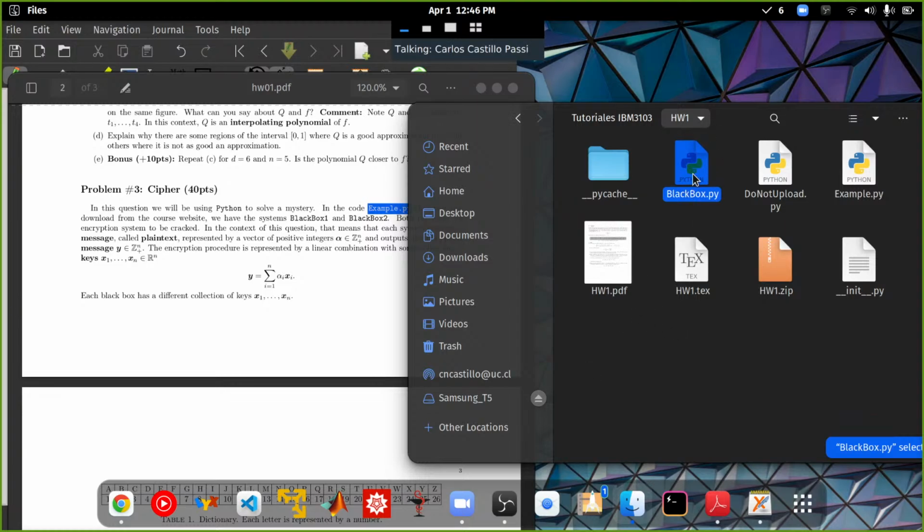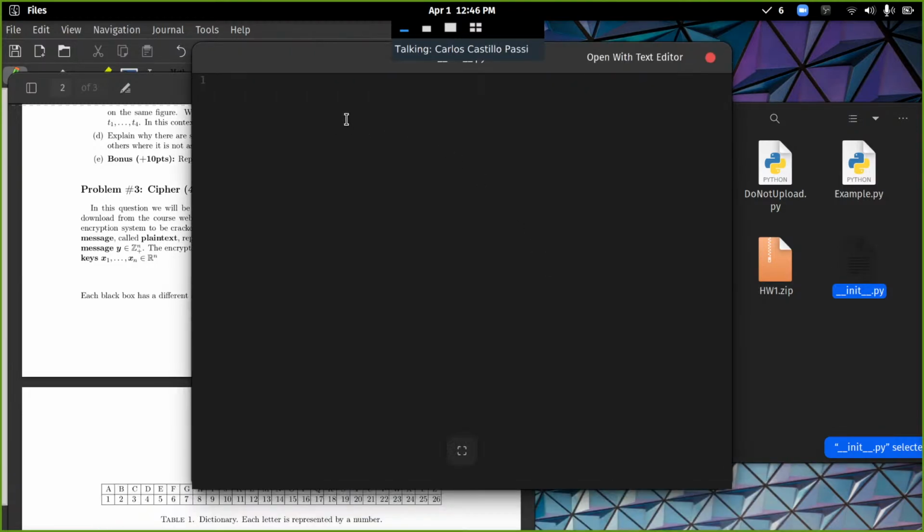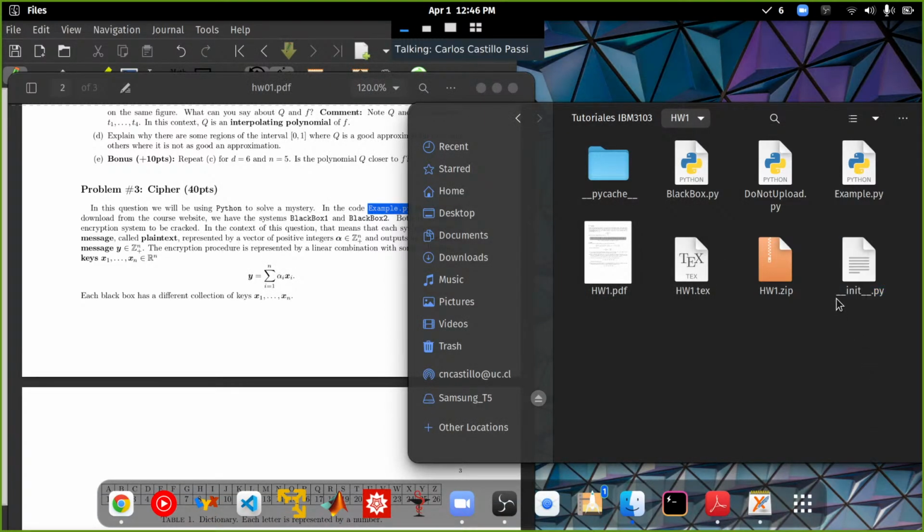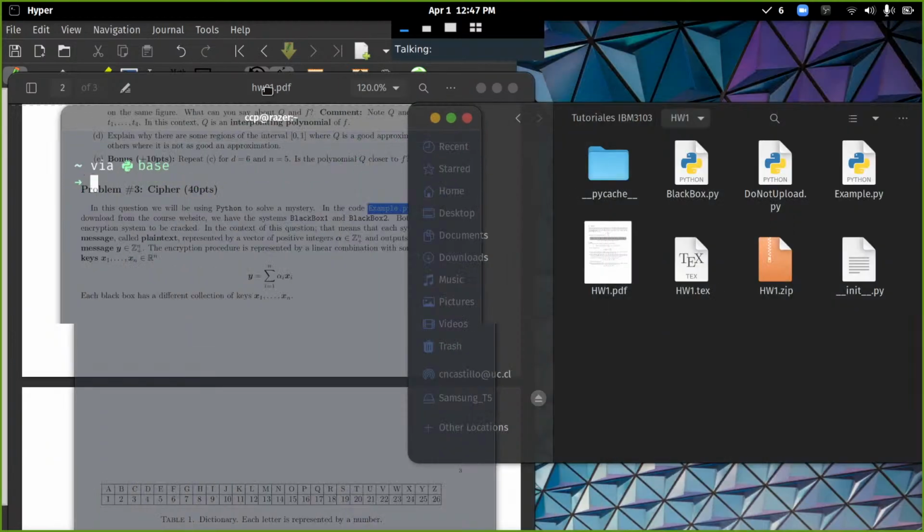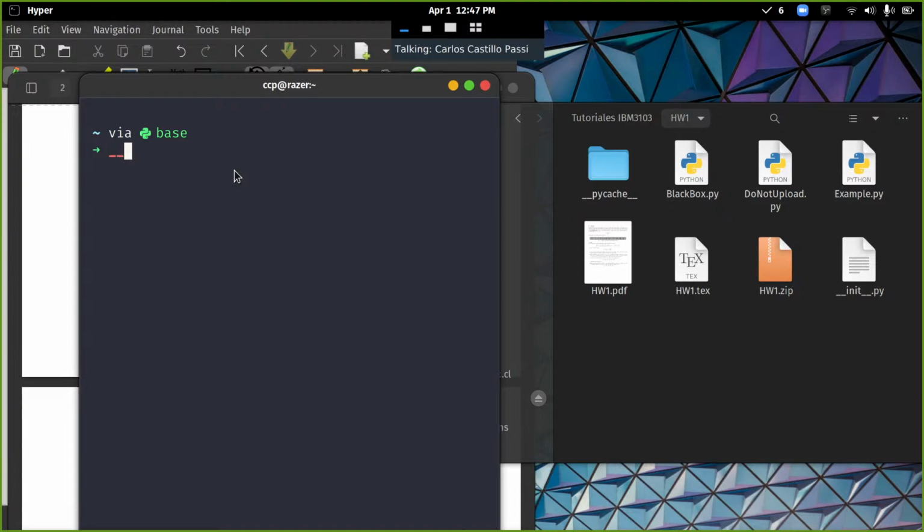And to import this, in the same folder, you need to have this empty document. You can see here the document doesn't have anything inside, but it's called __init__.py, with the underscores. I'm not sure how they are called, but basically it needs to be called like that. The name is important.